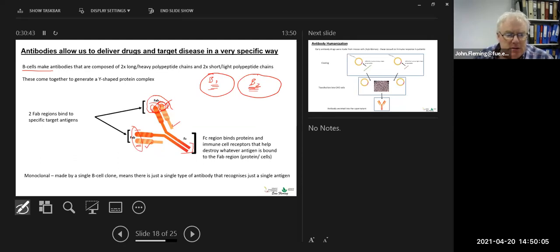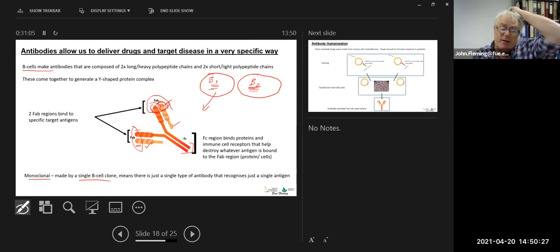Now, when it comes to the pharmaceutical industry or the biopharmaceutical industry, they're interested in producing monoclonal antibodies. So these would be ones that are all derived from a single B cell clone or a single hybridoma clone. Again, I think you've probably done this as part of some of your courses, the production of hybridoma cells.